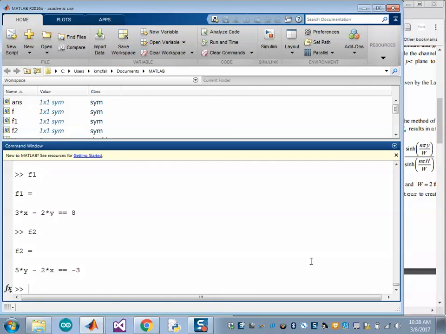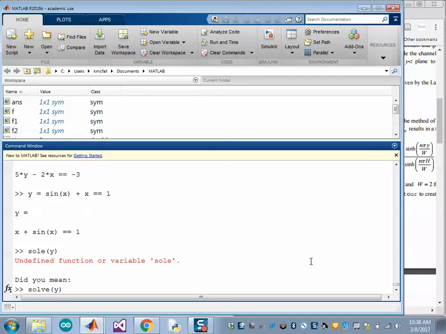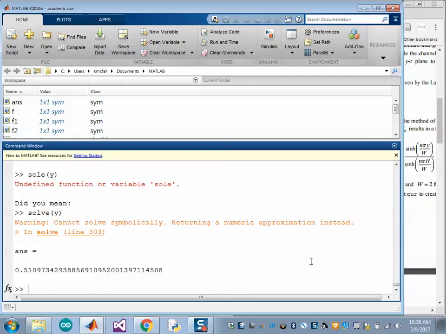But again, like I said, most of the things in the real world are not going to have symbolic solutions. Okay, so eventually if you're going to have a calculation intensive type job, or if you go to graduate school or that sort of thing, you're going to have to start solving some things numerically.